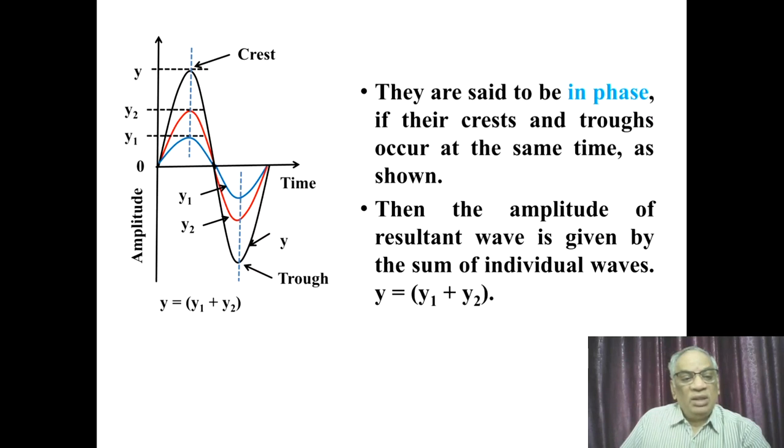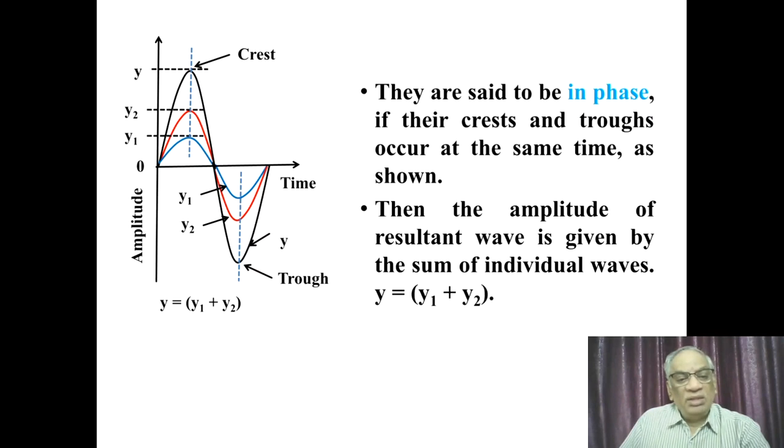That means the first wave and second wave both are increasing in the first half time period and decreasing in the opposite direction in the second half period. Both the waves are increasing in the positive direction or increasing in the negative direction, and the crests of both waves as well as the troughs of both waves occur at the same instant.